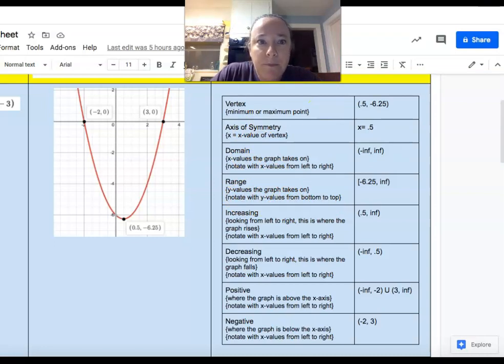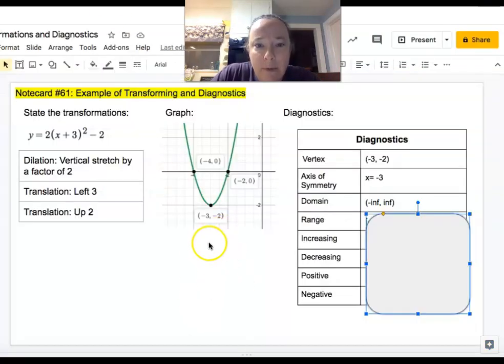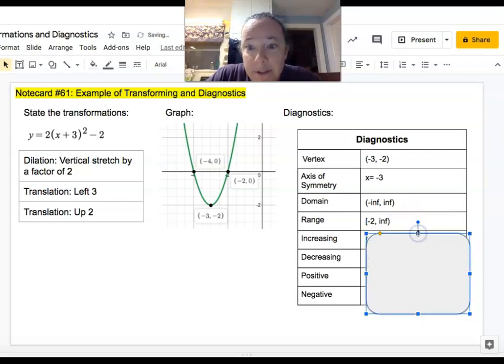What is our bottommost? Our bottommost y value is -2. And then it goes on forever, so that's infinity. Now, it would be included, because if I were to smush that over, it'd be an included circle. So it would be bracket, -2, comma, to infinity, parenthesis.